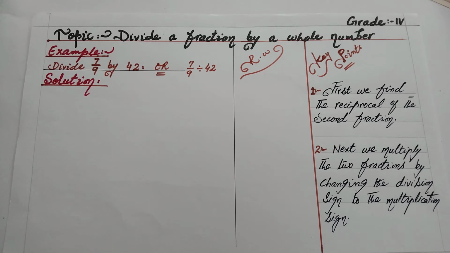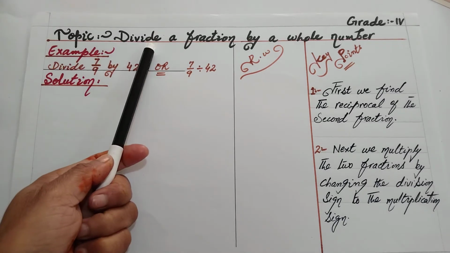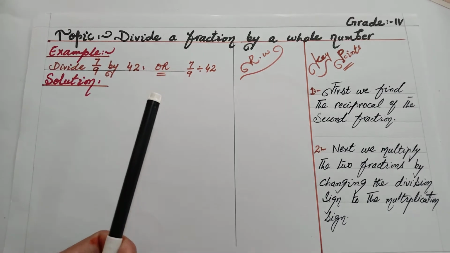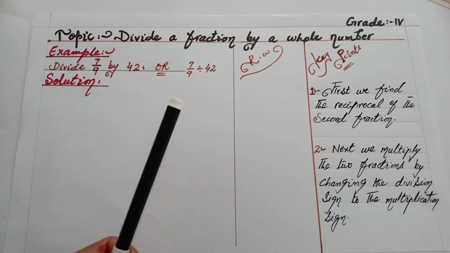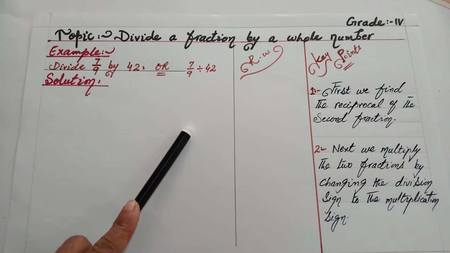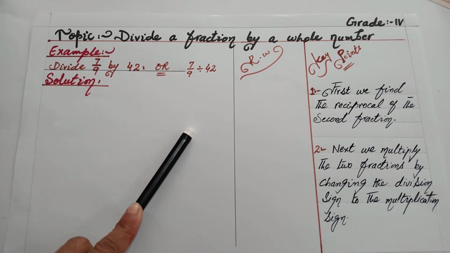And now before starting this concept, you have to revise the concept about the reciprocal of the fraction as well. Okay, so dividing two fractions is the same as multiplying the first fraction by the reciprocal of the second fraction.